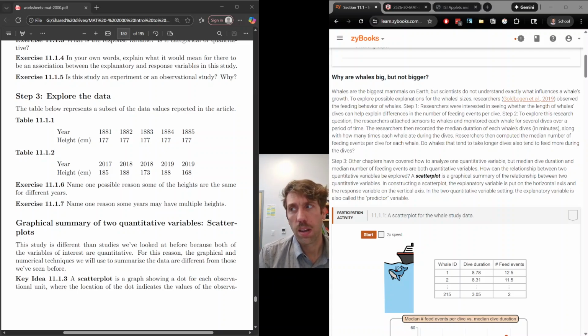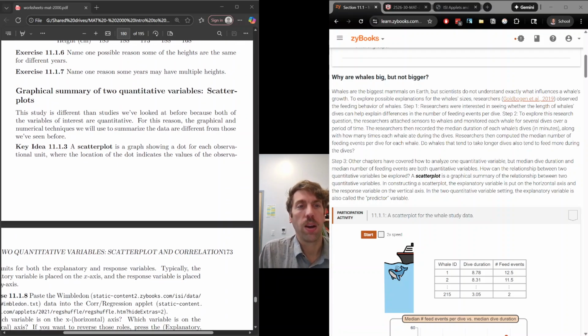Sometimes you get the same height multiple years. Why would that be? Then use your common sense and knowledge of the world to explain one likely reason that some years have multiple heights. Notice that early years don't have multiple heights, but later years do, and that's a good clue.